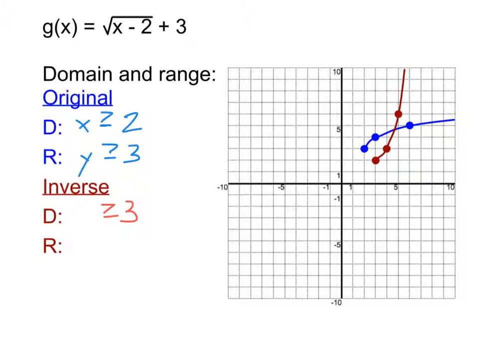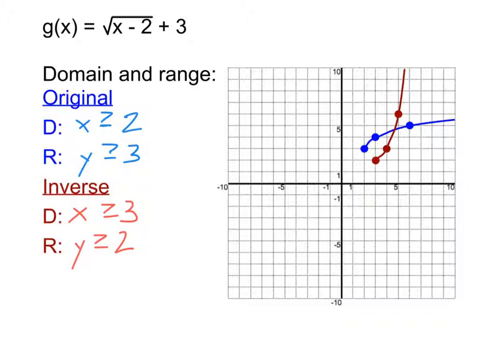The only difference is that instead of y is greater than or equal to 3, it's going to be x is greater than or equal to 3, because of course domain is still describing my x values. Same thing for my range. My range comes from my original domain. Everything about it is the same except that the x becomes a y. And so there I have my inverse domain and range.